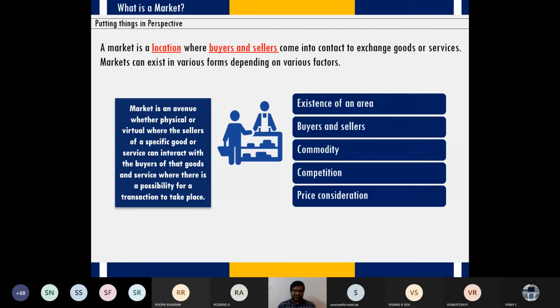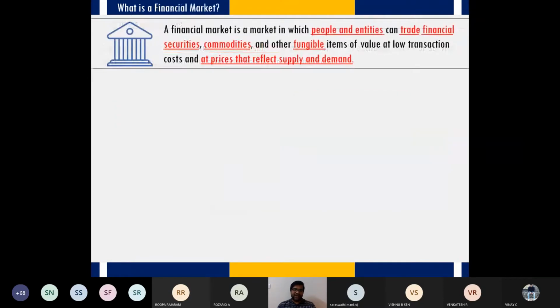Similar to a normal market, we also have the financial market. The definition I have used here is a comprehensive definition. We will also discuss some simpler definitions a little later, but this definition gives us the boundaries and the scope of what happens exactly in a financial market.